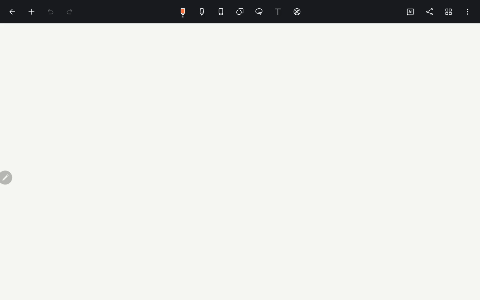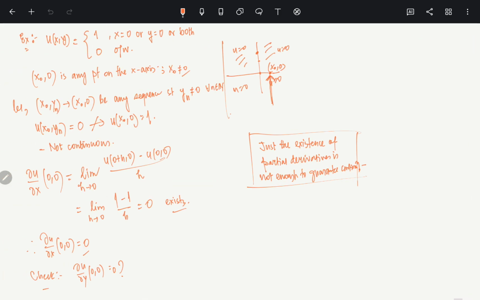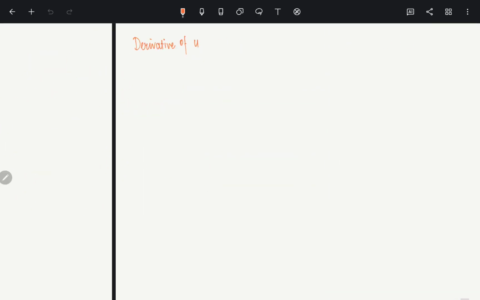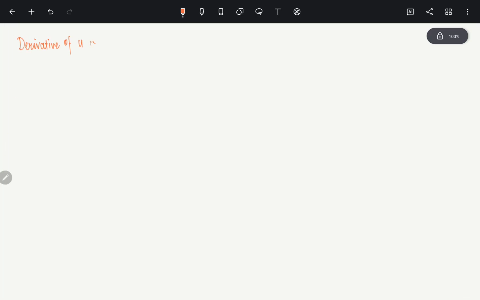We are going to skip that part and concentrate on this part. Essentially we are going to define the derivative of u. In this case u is from some (a, b) cross (c, d) to R, a real valued function, and it is given by the gradient of u at the point (x naught, y naught).